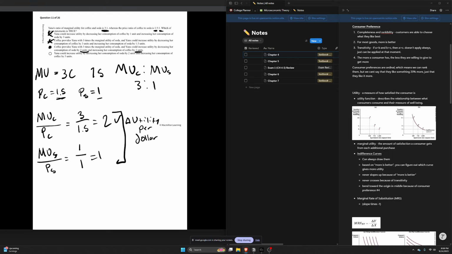So if anyone has a better explanation of how they got to answer C on 11, I checked it with the key he sent out and C is right. I just can't explain why it's C and not D. I assume it has something to do with how much she can purchase.